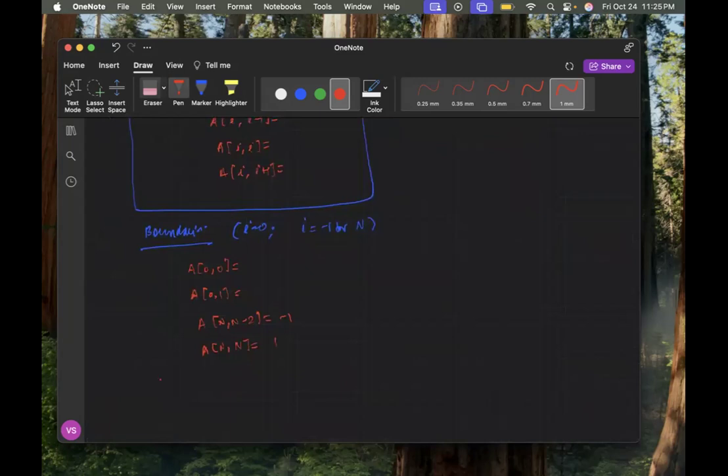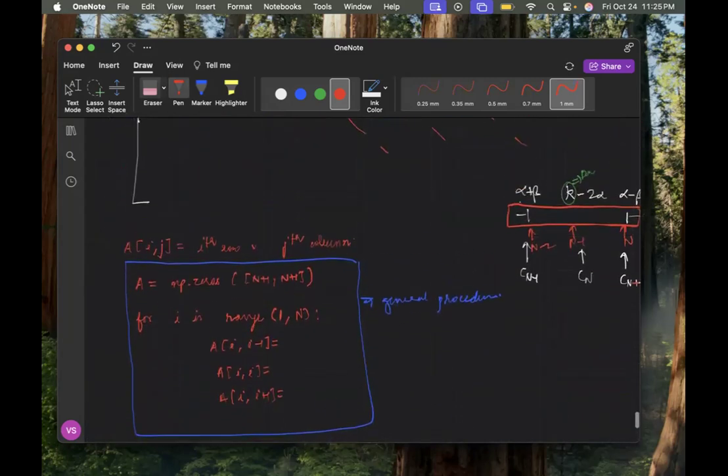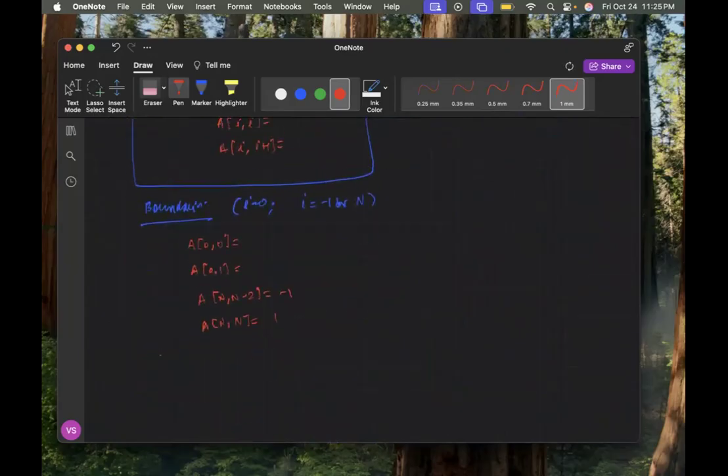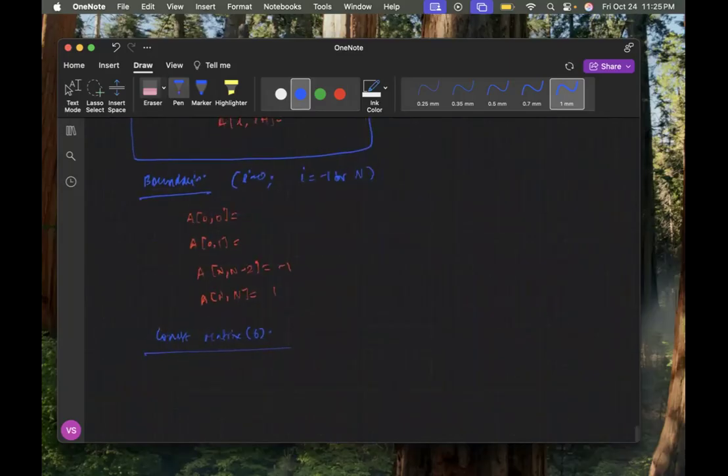And let's now formulate the constant matrix. So we formulated the A matrix over here, right? Now let's formulate the constant matrix. The vector B, that is basically what we are going to formulate now.